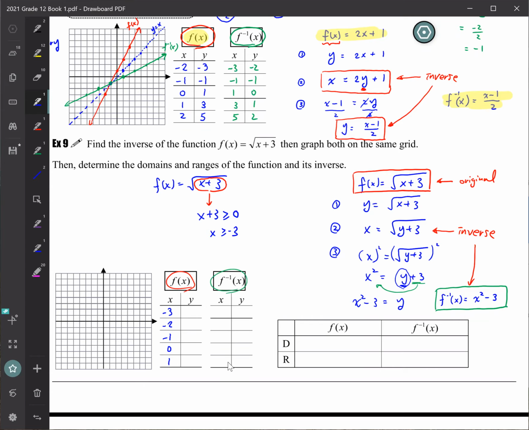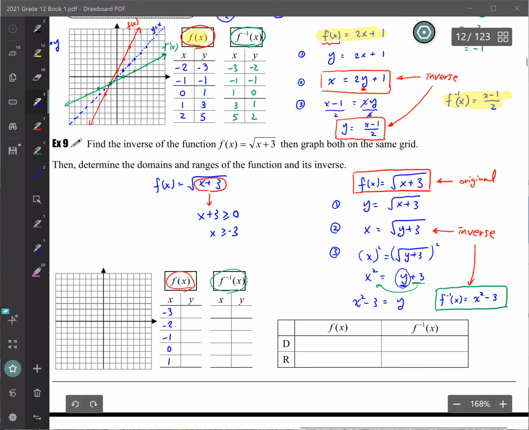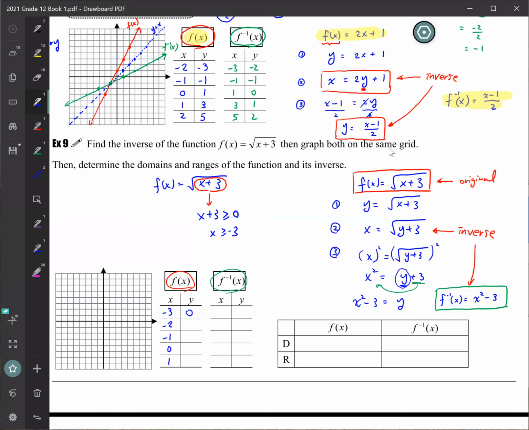Callum, can you tell us your points? The first one is -3 and 0. The second one is 1.